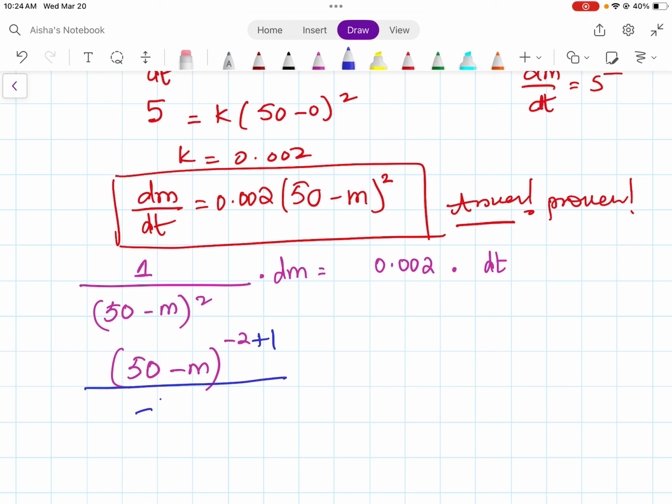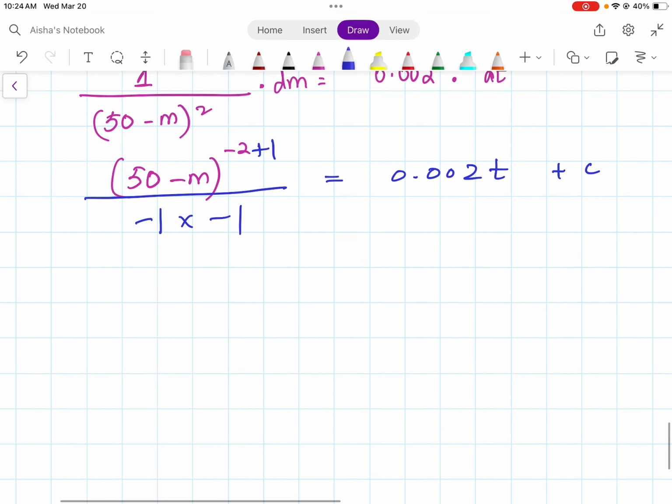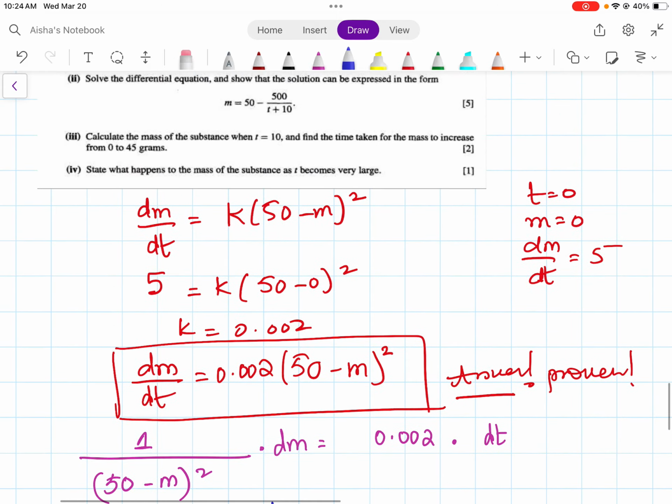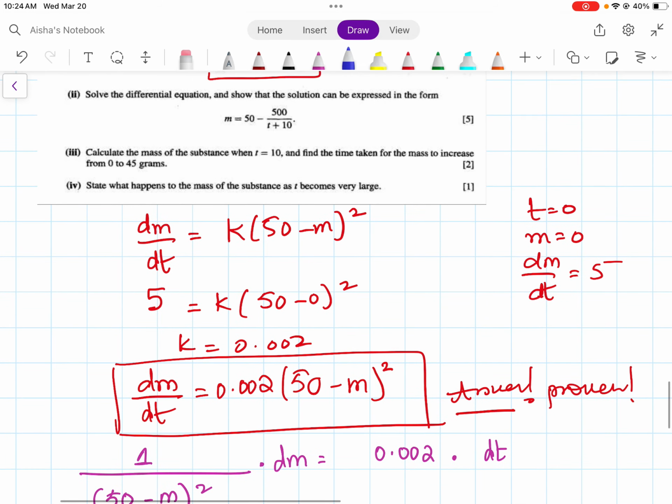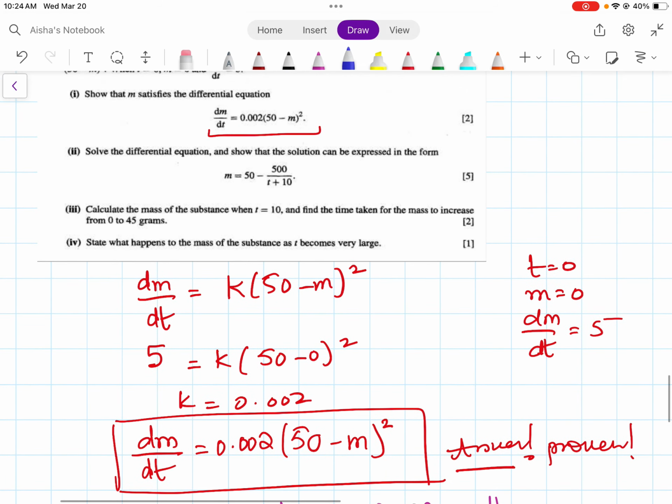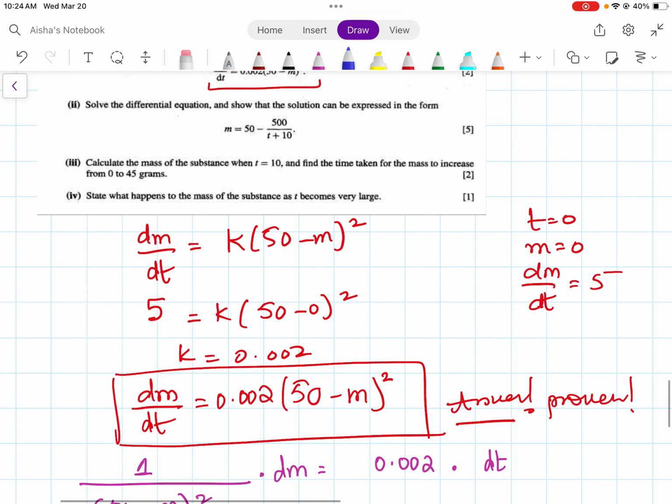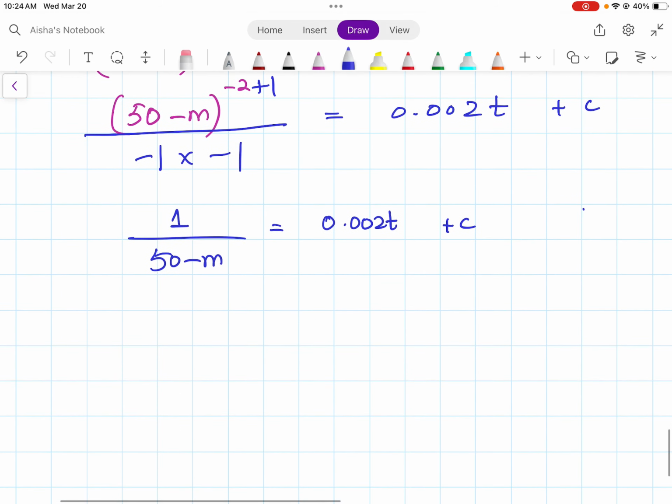Now, power plus 1 divided by new power into the differential of the expression. What is the value when we solve the differential equation? When t is 0, m is 0.